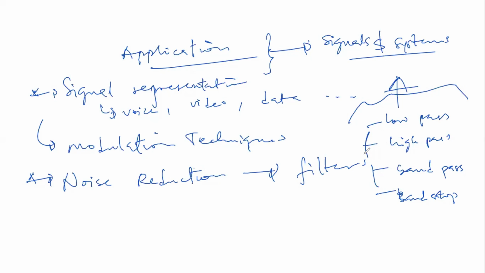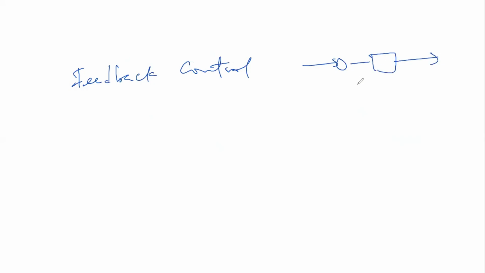Then in your control engineering systems, we're talking about feedback control, right? Talk about feedback. Okay. And why do we have feedback in systems? So I want to transmit this, and then it's supposed to go all the way to my output, but I want to be able to control my output.